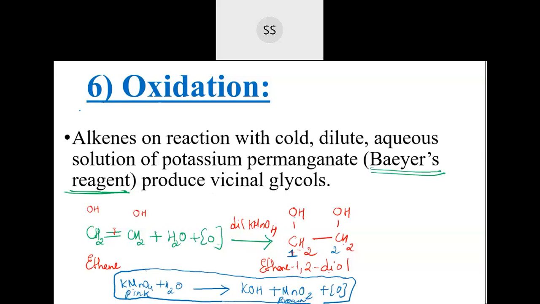So down only you can write, it is used as a test for unsaturation.